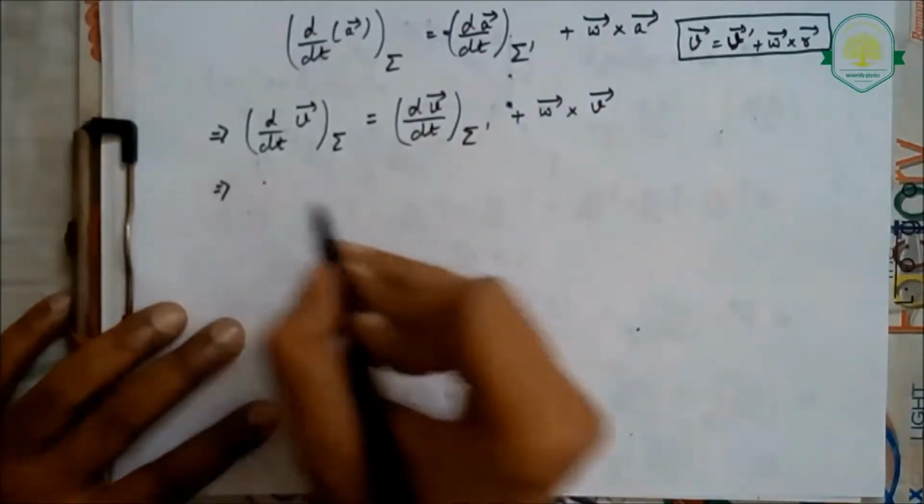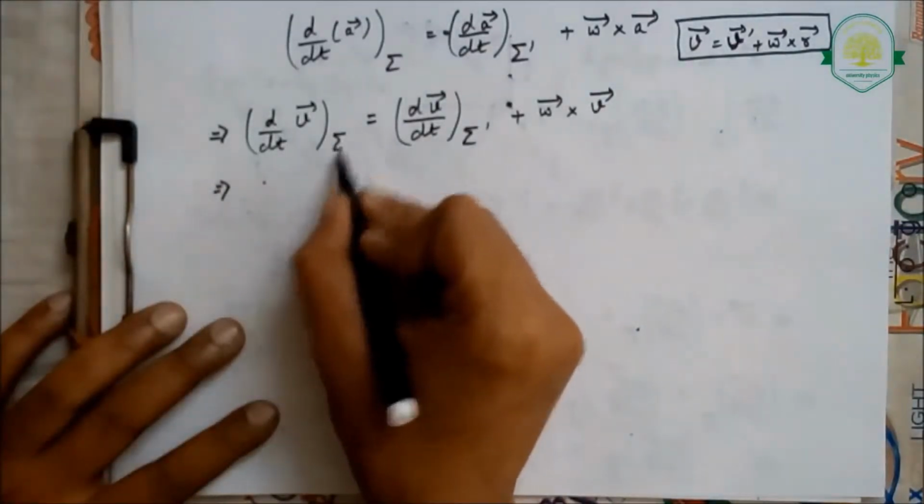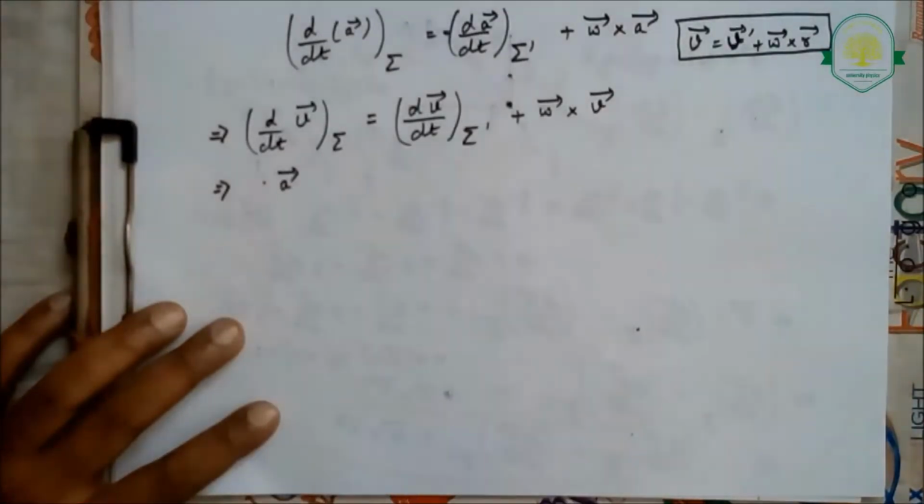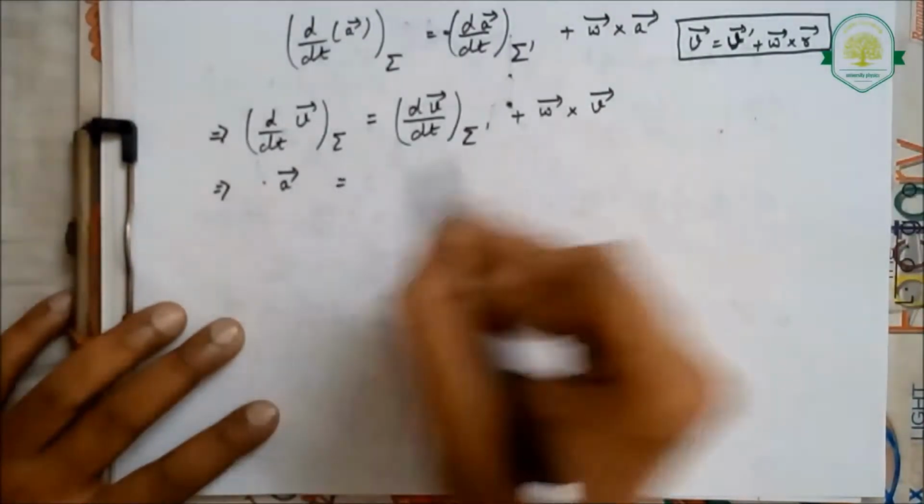Now dV over dt in the sigma frame of reference is just the acceleration in the ground frame of reference.